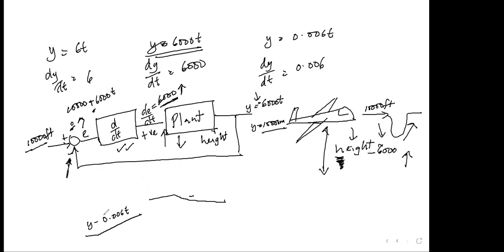So that's what my rise would be equal to. My output would be y equal to the 10,000 that I want, minus the 0.006 t.